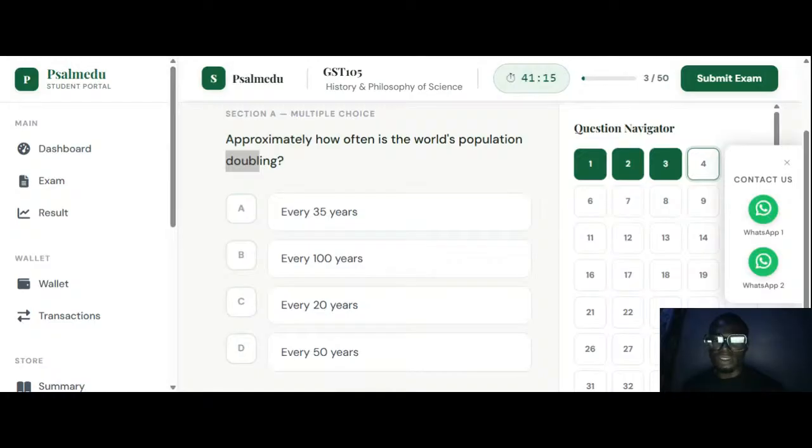I know the answer, but I won't tell you guys. Somebody said we should verify. That's Madam Naomi. But I'm sure it is not 50 years. Okay, I will share.